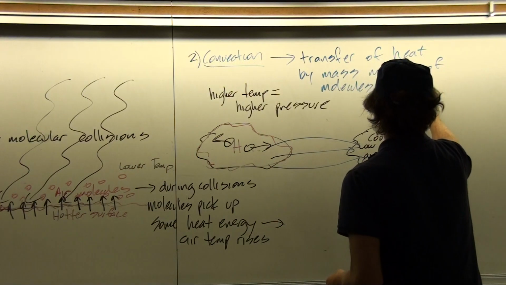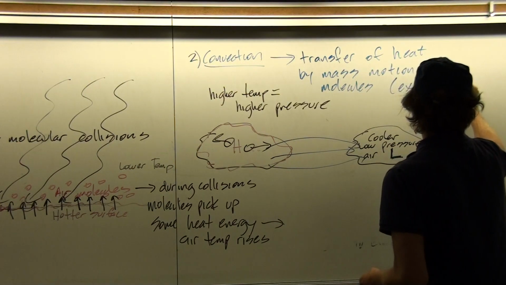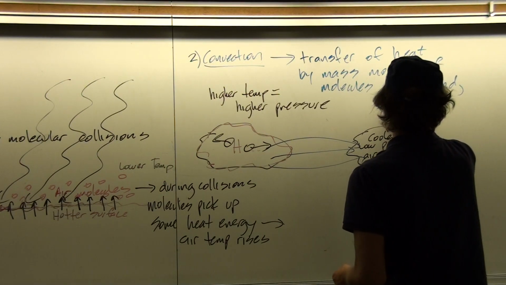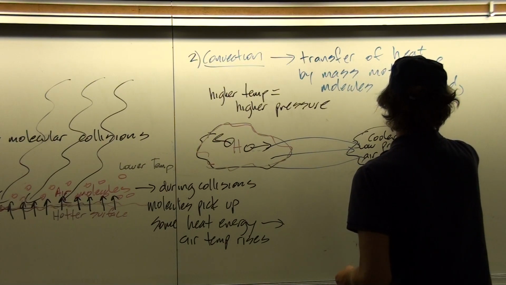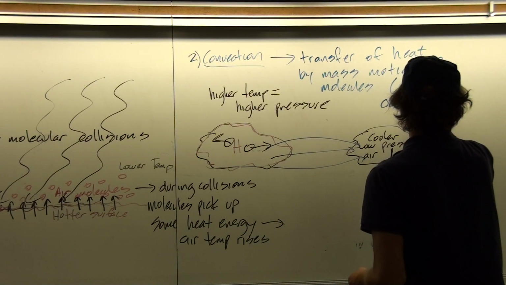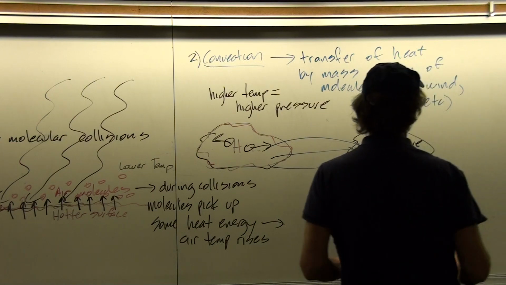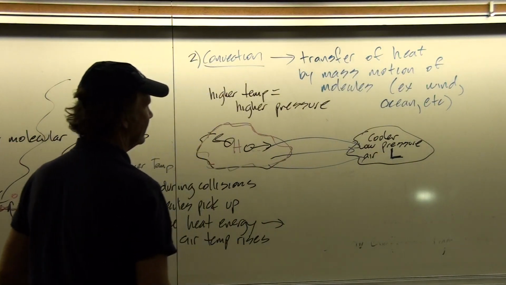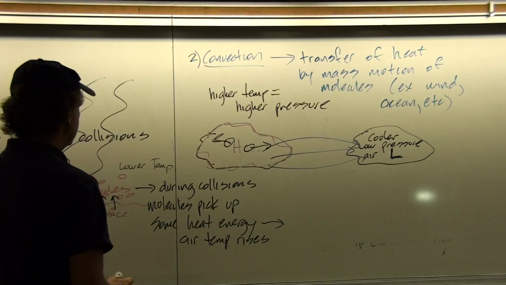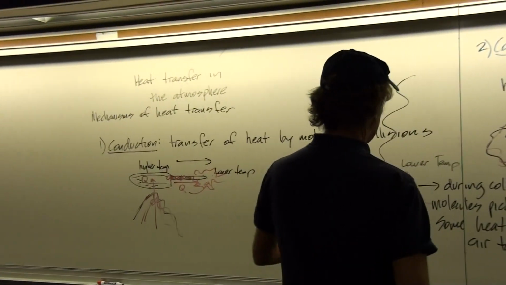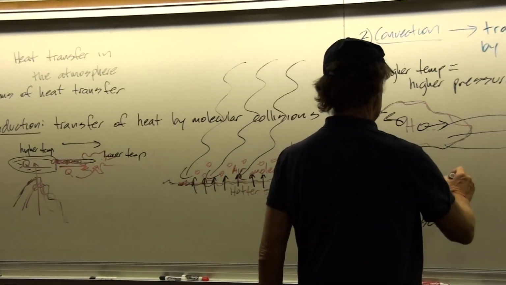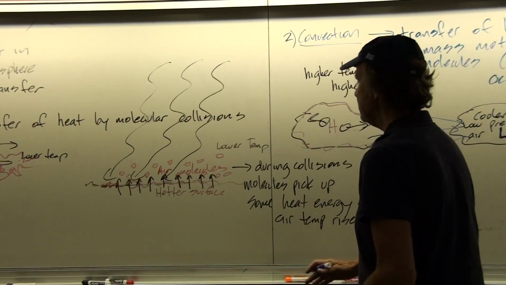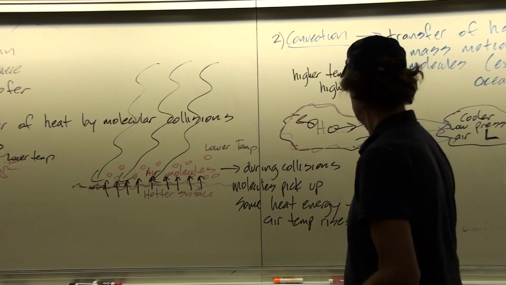So examples of this would be wind, but also ocean currents would be convection currents. Those would be the main ones that we'd be looking at in this class. And so typically, in our conduction situation, the collisions only happen within a few inches of the surface.